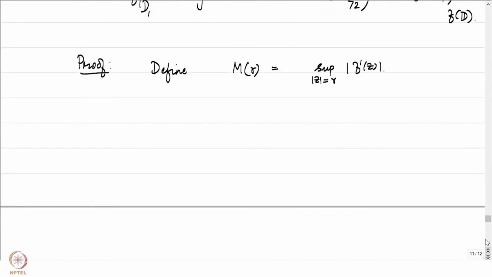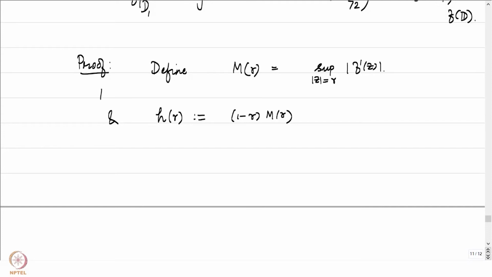Basically, it's the supremum of the absolute value of f prime on the circle of radius r. Then one more function, let's define h of r to be defined as 1 minus r times M of r.